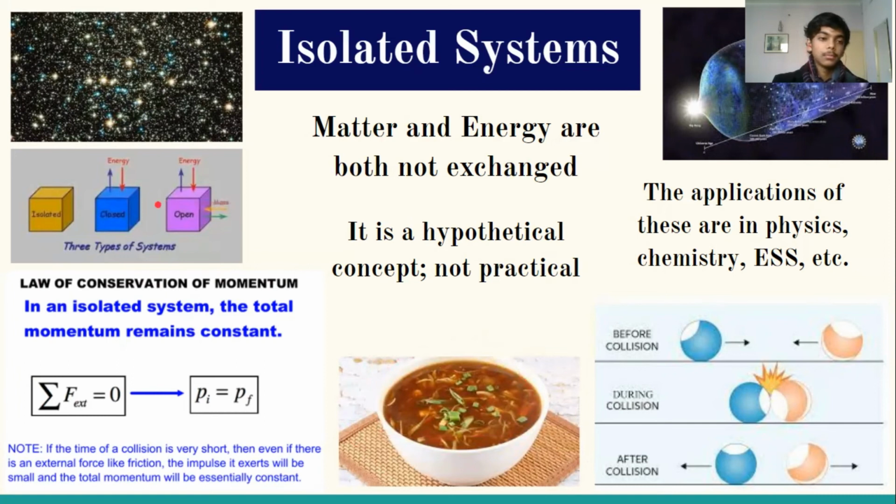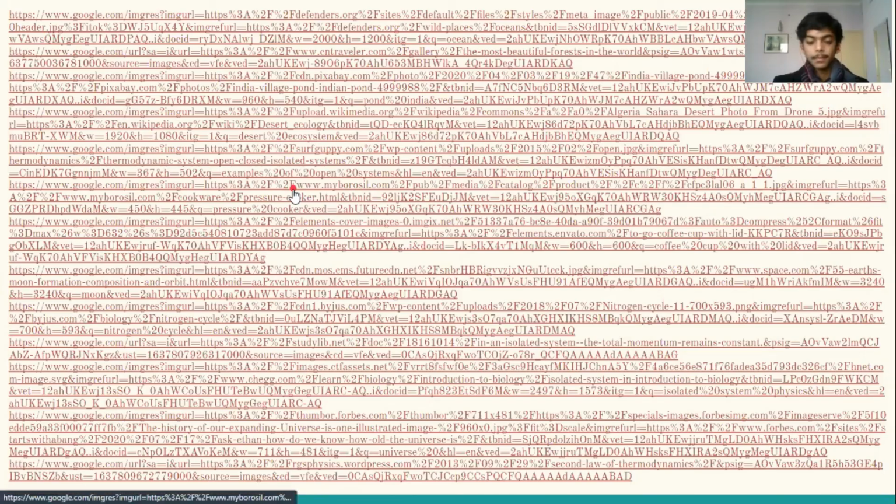And this is a very simple type of diagram to show you how isolated, closed, and open systems work. You can see here. And the best example for an isolated system that is hypothetical, and we don't know if this is true or not, is that we can say that our universe itself is an isolated system.